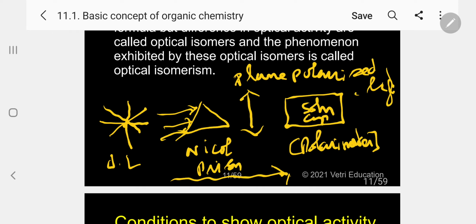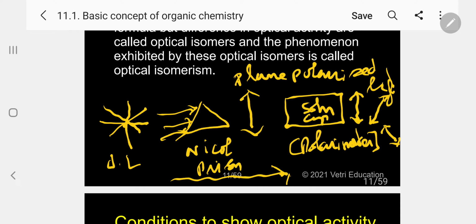One is that nothing happens. In another case, it is rotated clockwise. And third, it is rotated anti-clockwise. These are the three options.